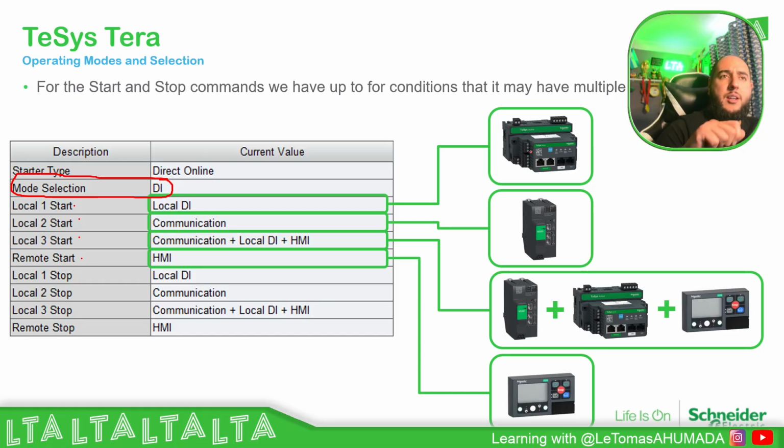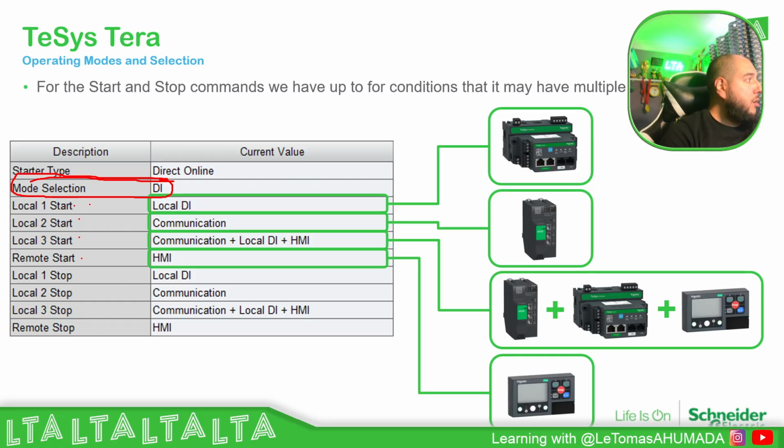If I put another condition from the digital inputs assigned for the mode selection, then it will go to communication, so I get the PLC to run and stop this. Then if I select the third condition from the digital inputs, I should be able to use multiple things. And here is where the magic starts.